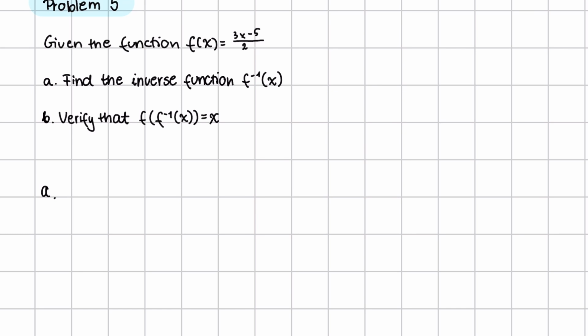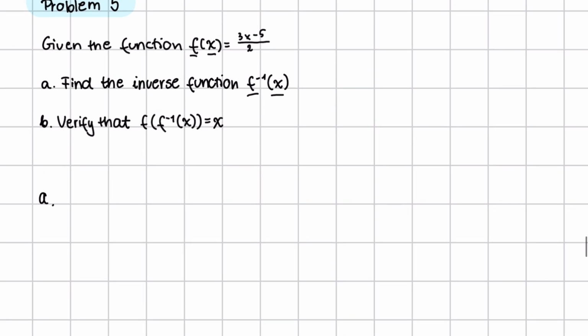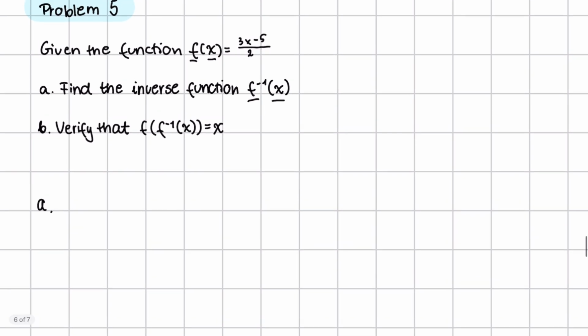So here we have f, here we have x, and in our inverse function, this is the same as x, and this is the same as f, because if we have, for example, f in here, and we can substitute 1 into x, if we want to find the inverse of this, our f to the power of -1 will be 1. So this works like this.